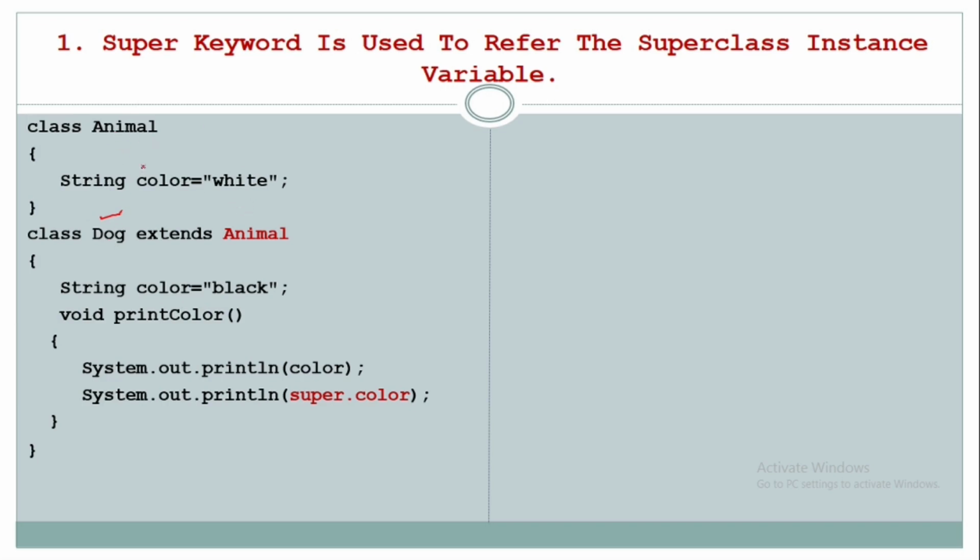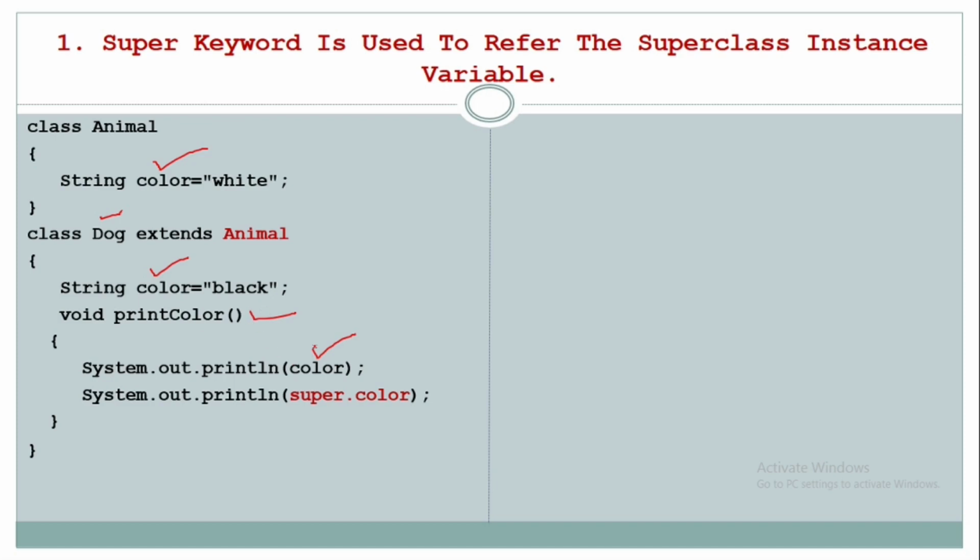The Animal has an instance variable called color, and even the subclass Dog has an instance variable color that is initialized to black. The class Dog has a method called printColor, which is going to print the color. Suppose I want to print this local variable, I can directly access its value just by using the local variable.